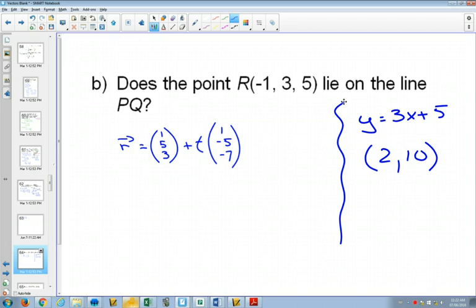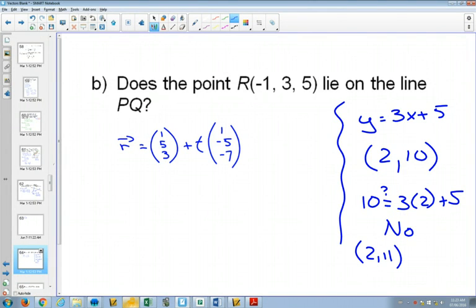You'd plug them in, right? If you plug in 2 for x, does it equal 10? In this case, the answer is no. And since it doesn't equal 10, 2, 10 isn't on the line. In fact, 2, 11 is, but 2, 10 isn't.